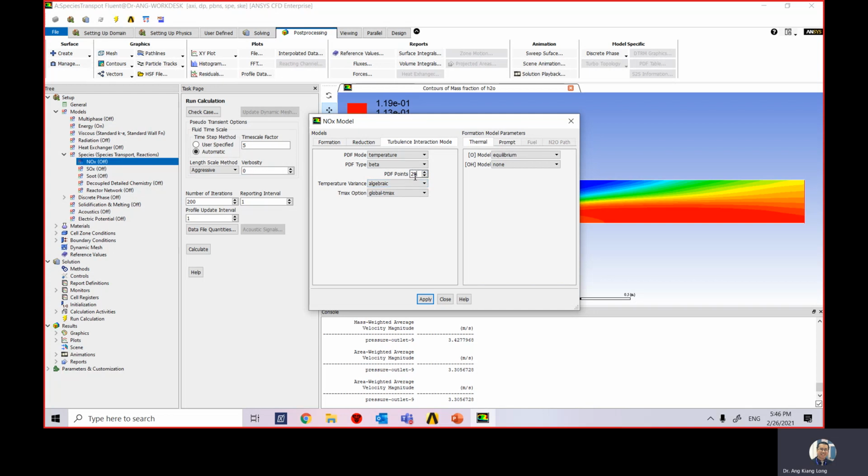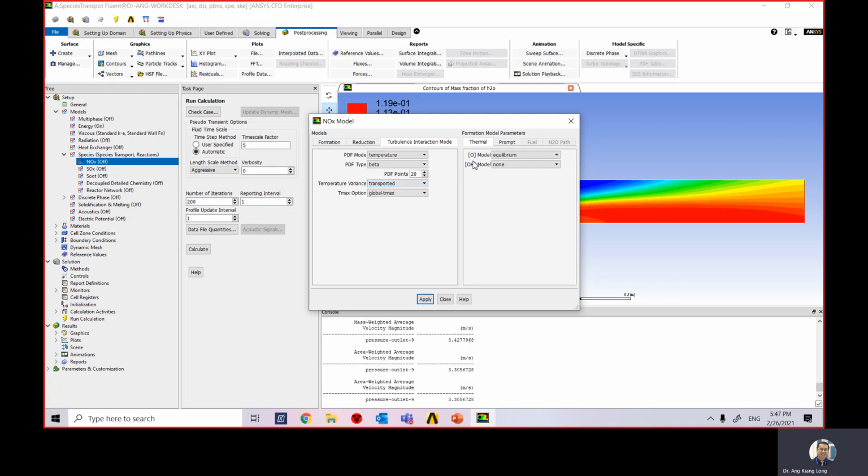The value we increase is to increase the accuracy of our NOx pollutant prediction. Then for the temperature variance here, we will change it from algebraic to transported. So our pollutant is transported in a temperature.